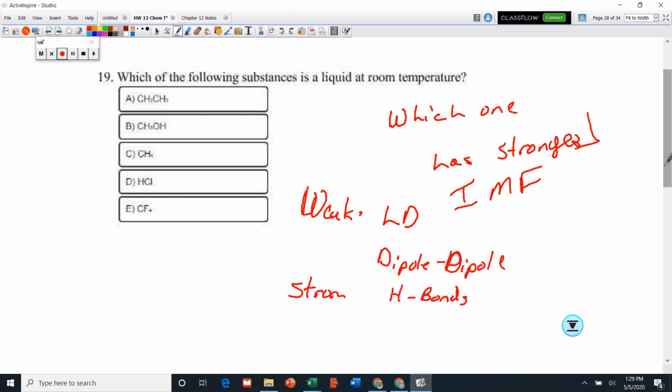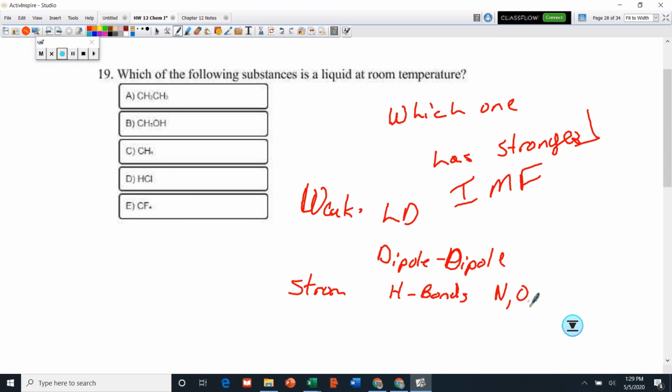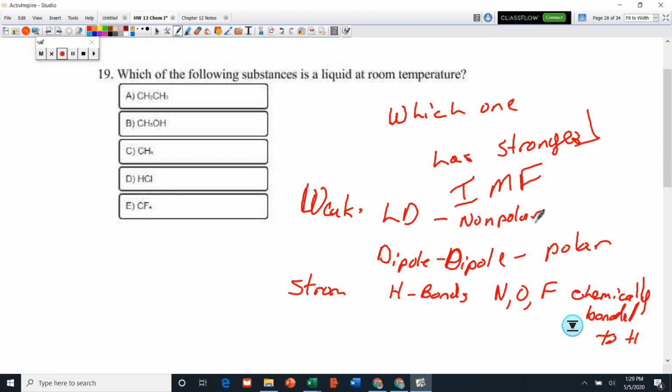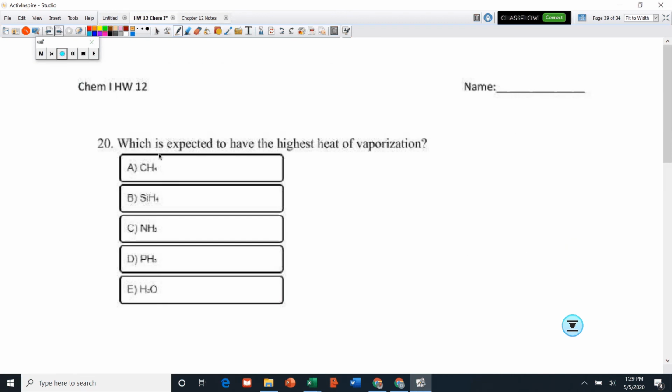Remember that H bonds require nitrogen, oxygen, or fluorine chemically bonded to hydrogen. Dipole must be polar, and then typically nonpolar. So you'll have to draw the molecules on that one to get it.